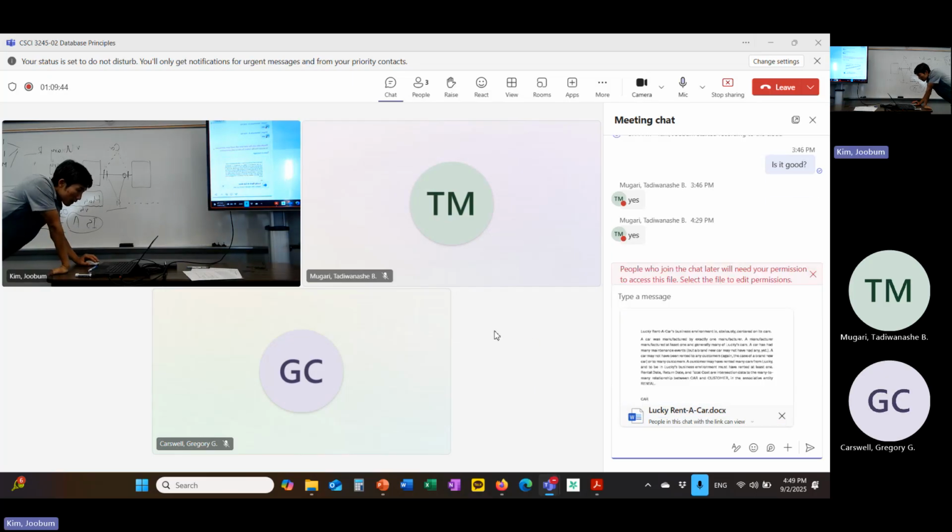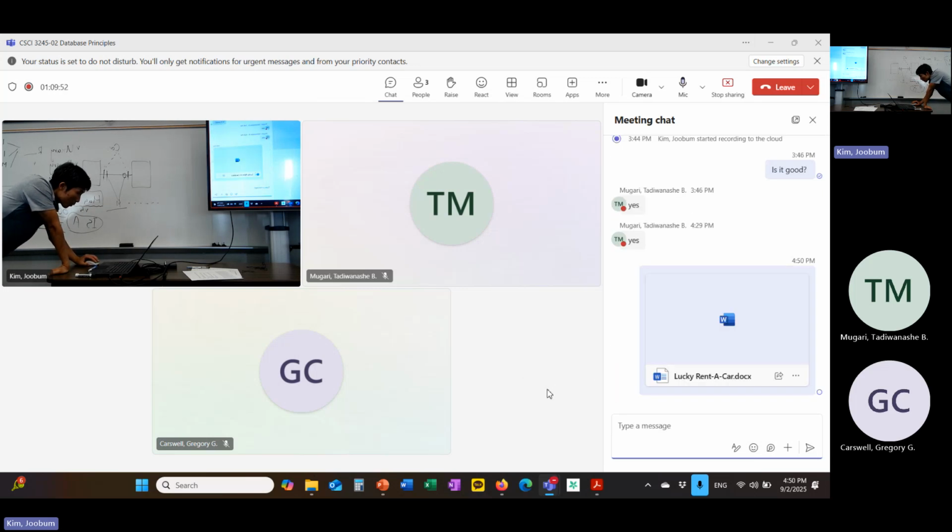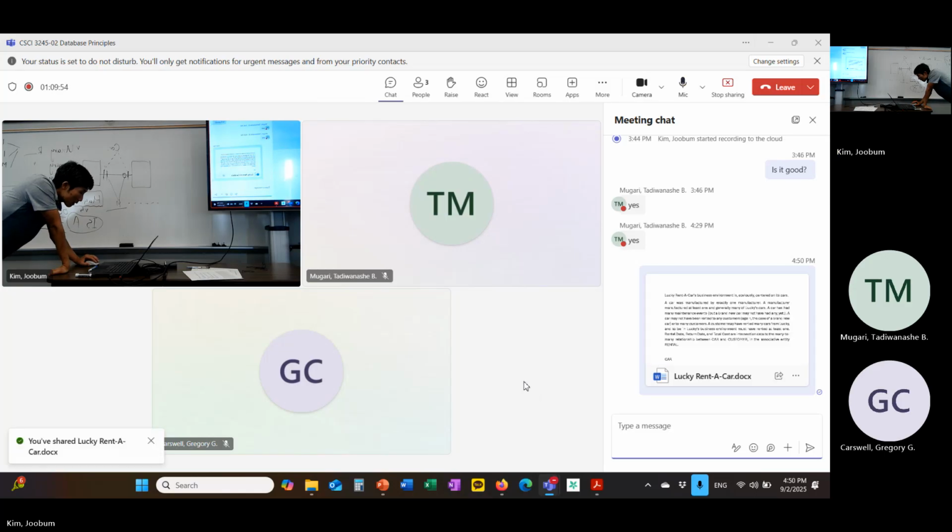Gregory and Kadiwanashi, can you see the file that I just posted into the chat? You can download and open that document.